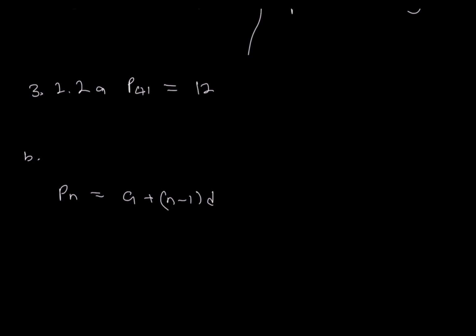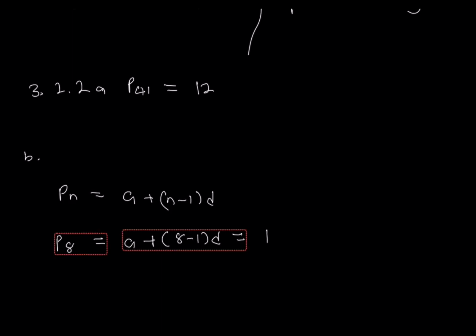So now, exchanging the positions. We know that P8 is equal to, we don't know our a, plus where n we place 8 minus 1, we don't know our d, and we know that this is actually equal to 1. This is given.